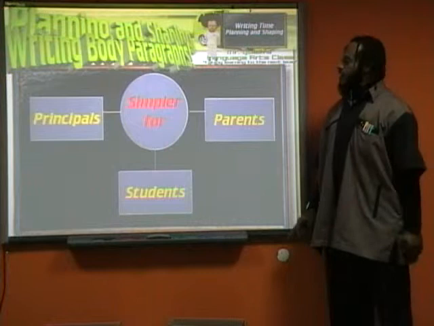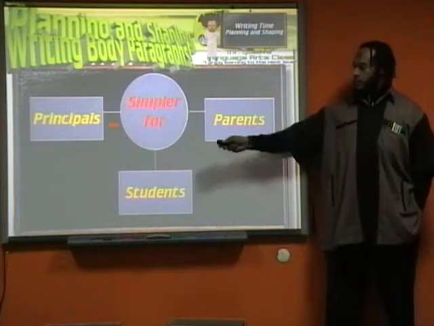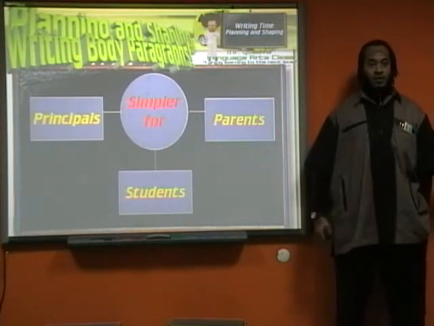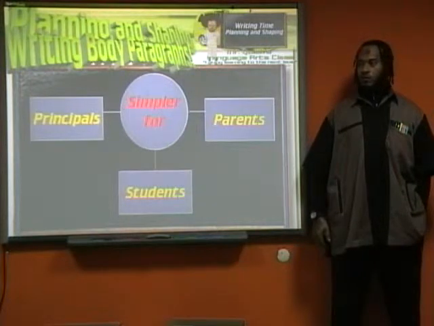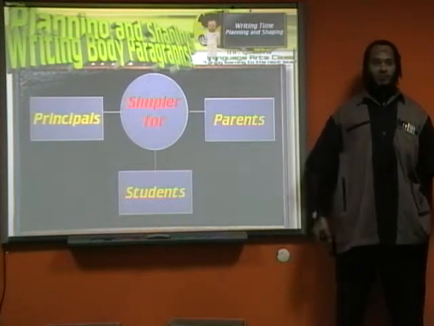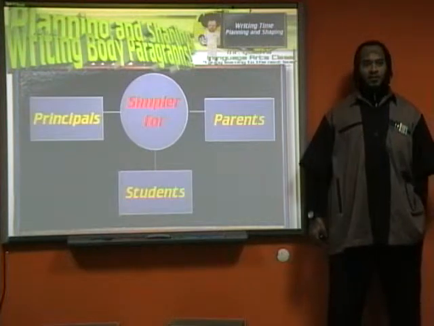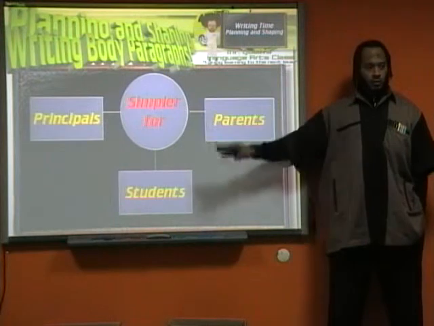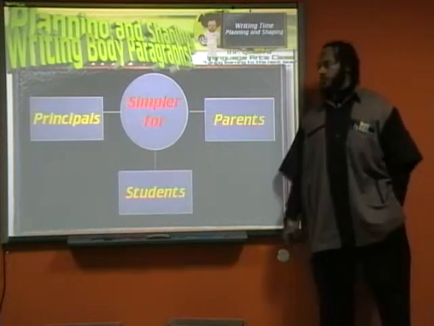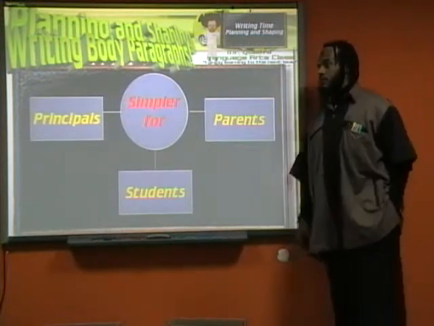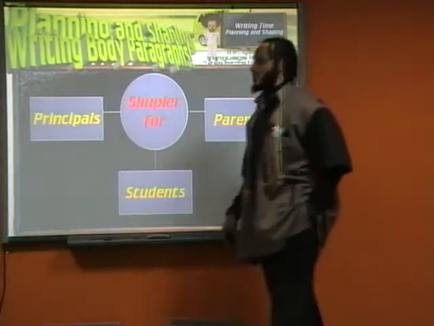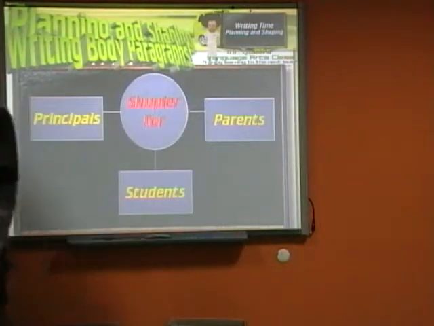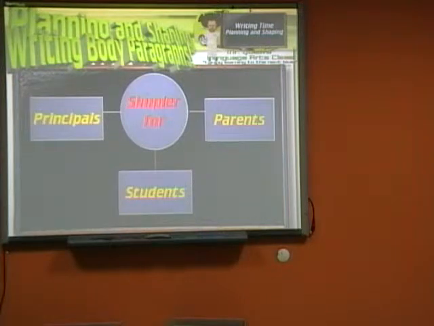Okay. What side of that box would you put principals, students, and parents? Left side. Do it now. Left side, first box, principals, students, parents. Yes? Quickly. I can't write like that. Okay. 1, 2, 3.